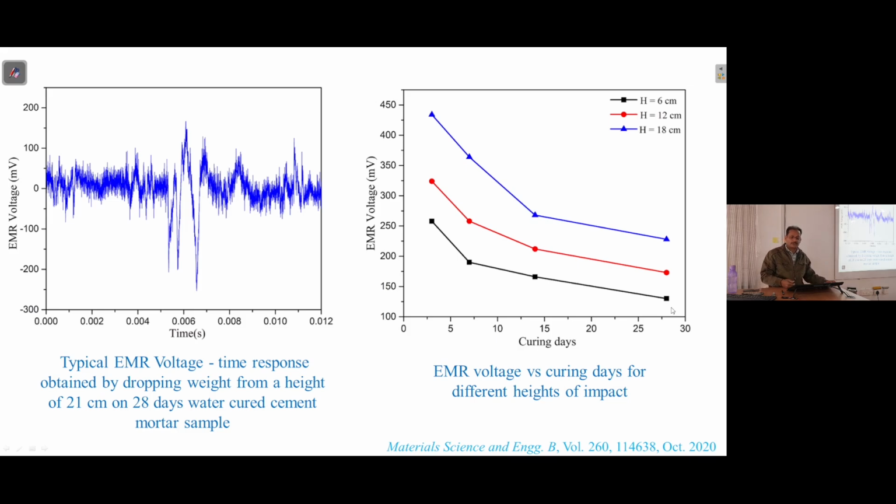So we could say a 10 times increase when the height of impact is only 6 centimeter. If you increase it further, then of course even higher signals are obtained. This is for 6 centimeter height. When the weight is dropped, we get this much.